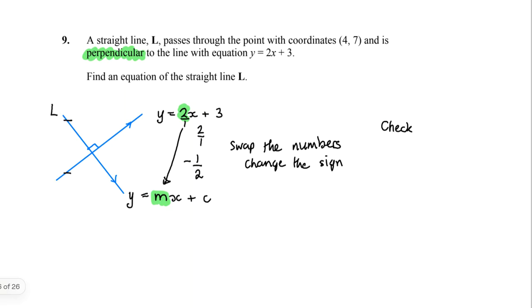No, how do I know that 2 and negative 1/2 are gradients that give me perpendicular lines? So at the moment I've got y equals negative 1/2 x plus c. How can I check that I'm right with those two numbers?